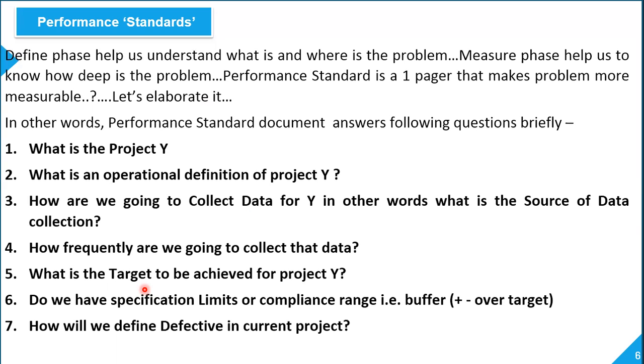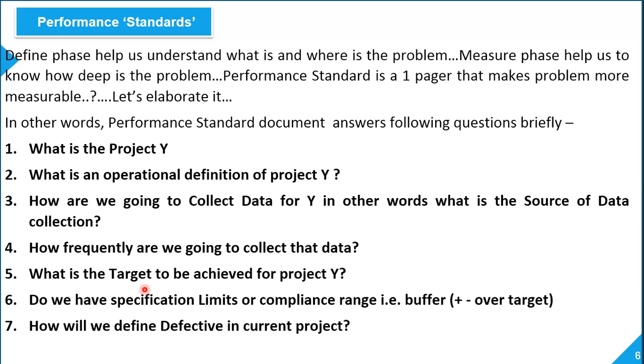This is perhaps one of the most significantly underrated aspects of a Six Sigma project. It is the backbone of a Six Sigma project, because around this question the whole project is going to revolve. We'll learn about the definition of defective on the next slide.